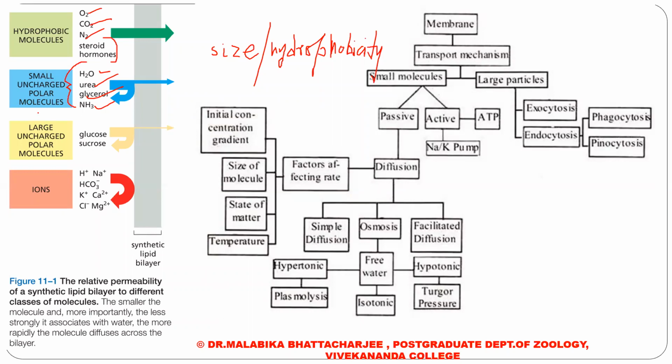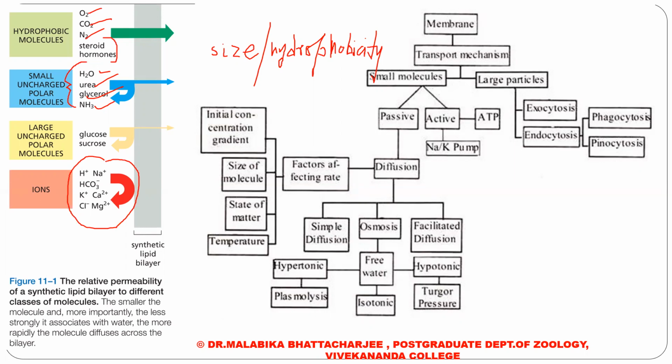By contrast, the lipid bilayer is totally impermeable to charged molecules, no matter how small they are. The impermeability is because of the charge and the high degree of hydration, that is a layer of water covering these charged molecules that prevents them from entering the hydrocarbon phase of the bilayer.